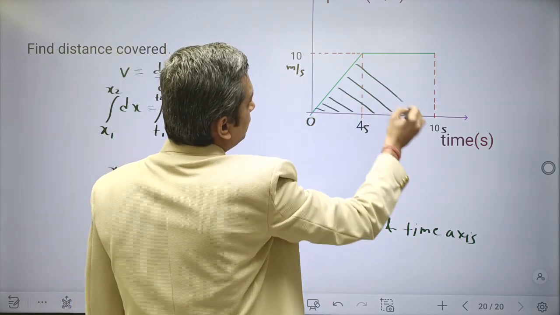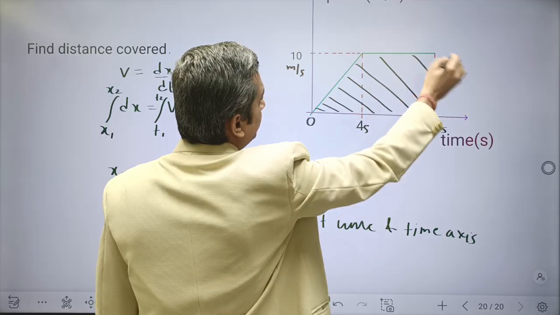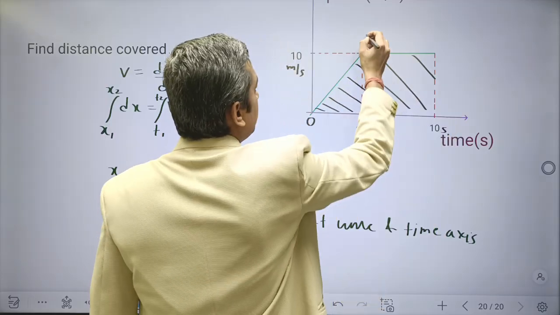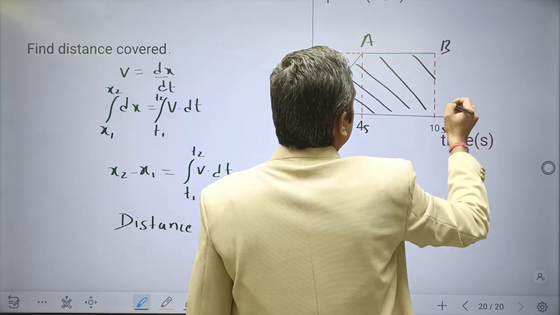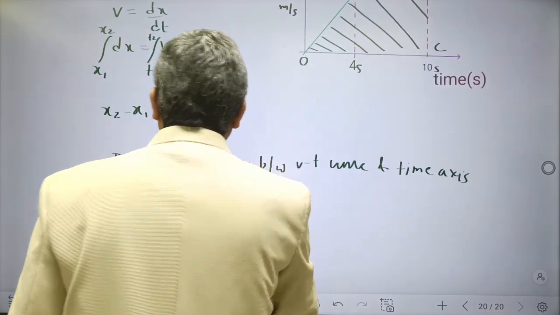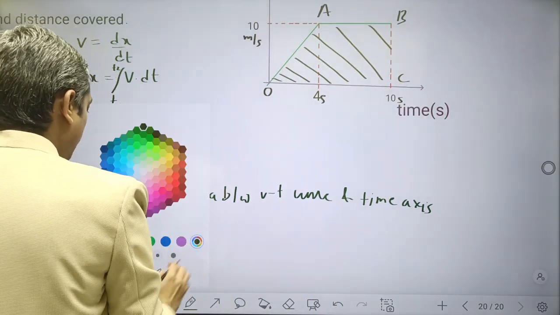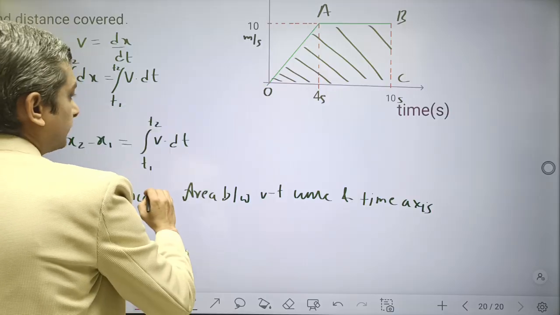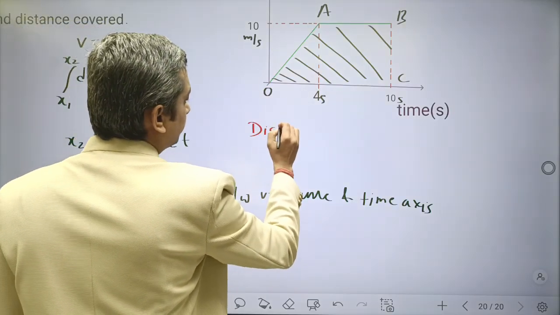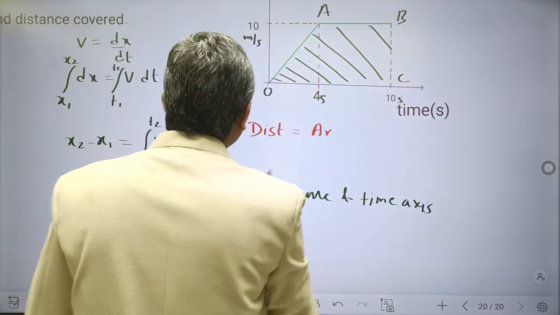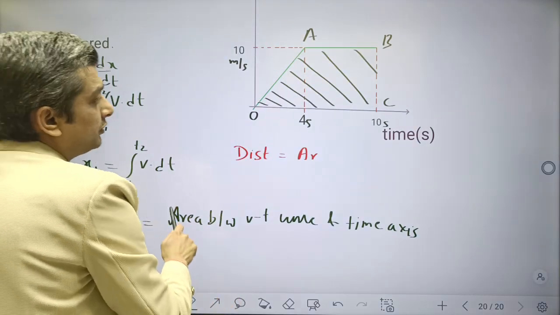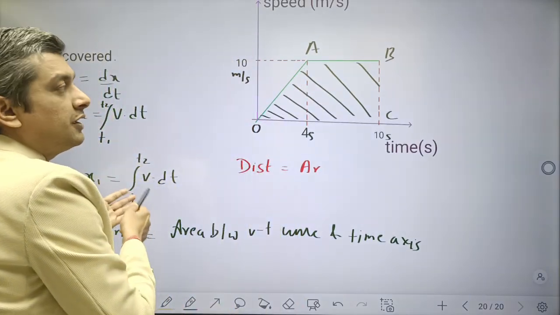So we have to find this area, that is area between this vt curve and the time axis, that is area OABCO. So what is distance here? Since distance is v dt from t1 to t2, this is giving the area.